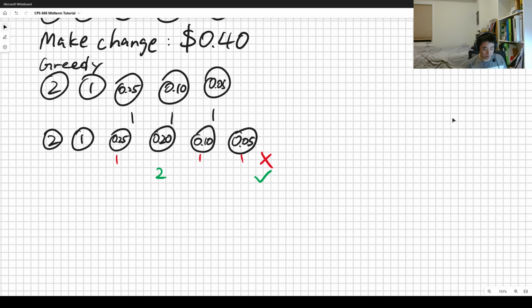So basically we're going to break the problem into overlapping subproblems. I'm going to just give you the definition here.